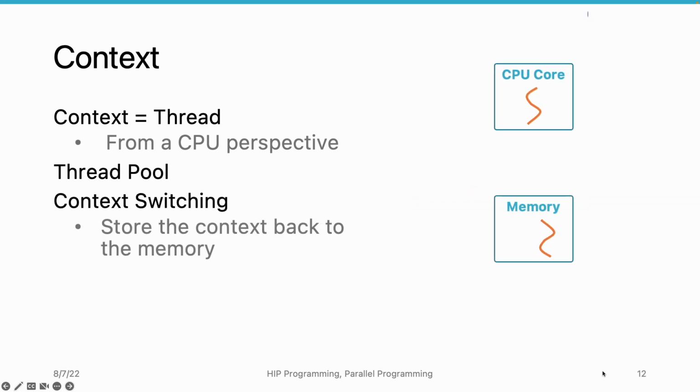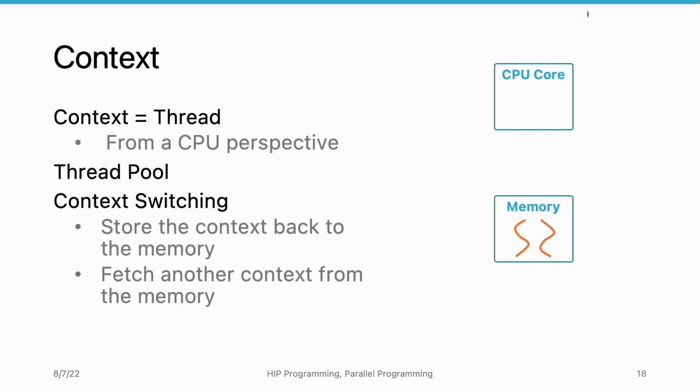The first step of context switching is storing the running context state back in the memory. Then, in the second step, the core fetches another context from memory and sets the registers correctly. The whole process is not latency free, hence we want to minimize the context switching as much as possible.